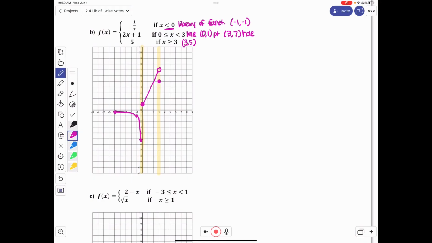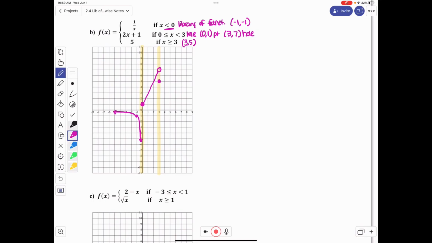So if I do this for my x-intercept, if I do square root of x equals 0, well, if I square both sides, I get x equals 0. Well, it tells me x has to be greater than or equal to 1. So that breaks the rule there. So there's no x-intercept according to my rules. And same thing for y-intercepts.